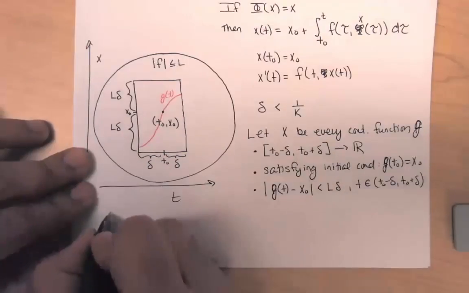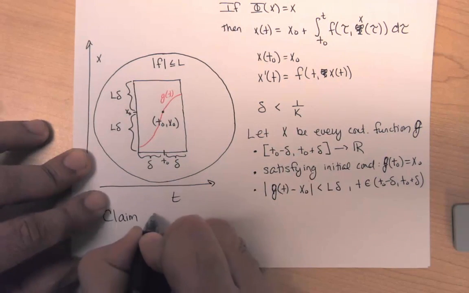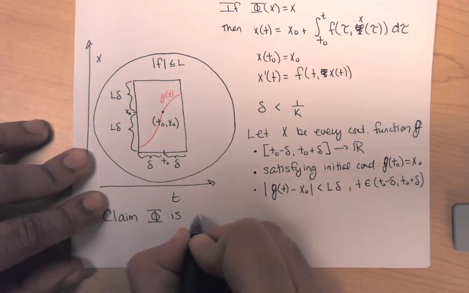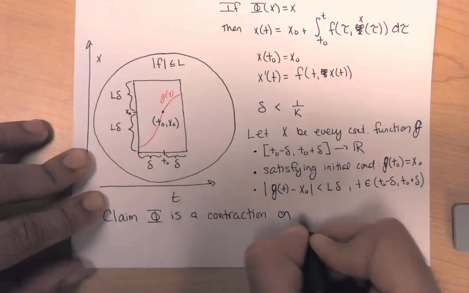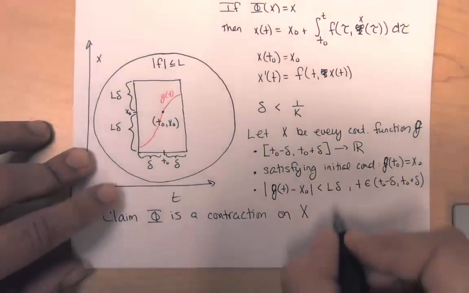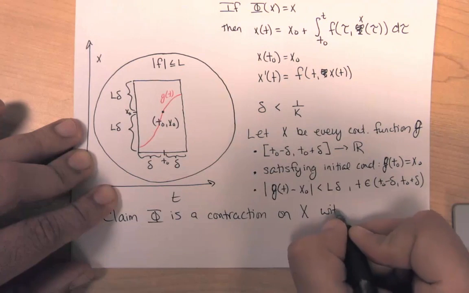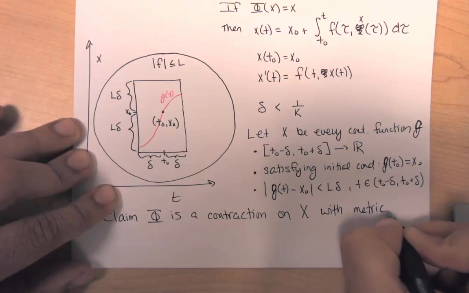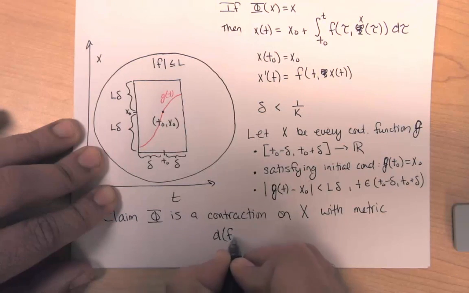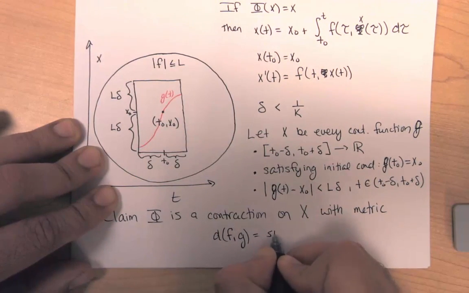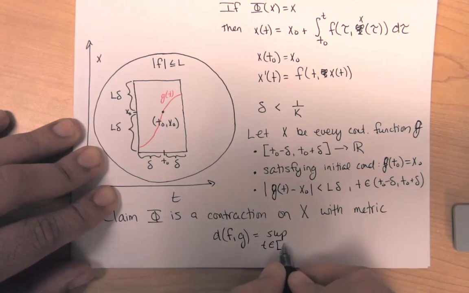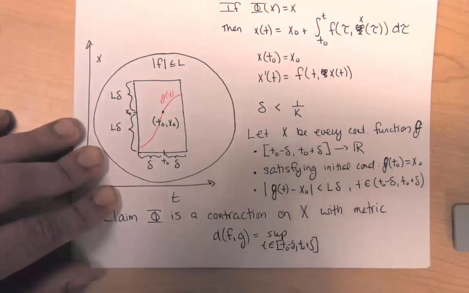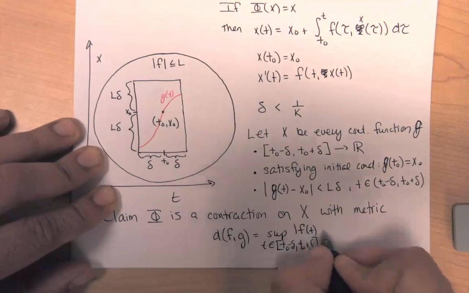Now I claim that phi is a contraction on X with metric sup over t in [t naught minus delta, t naught plus delta] of f of t minus g of t.